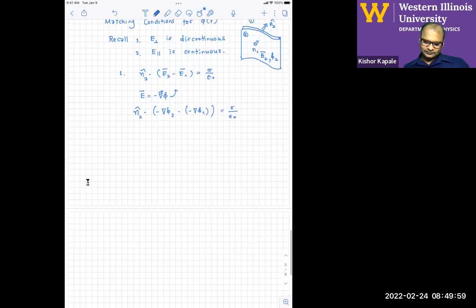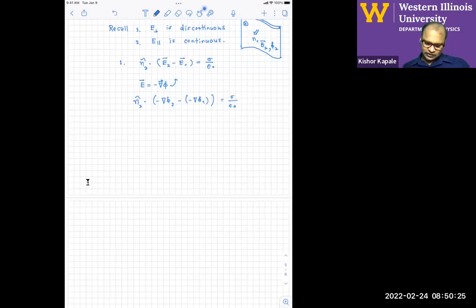epsilon 0. And can anybody tell me what this thing is going to look like? Well, let's leave the signs as they are because the negative sign is important, because you want the n2 terms to come first.